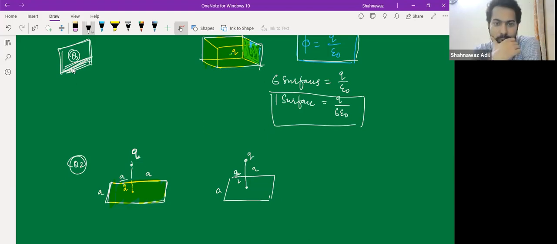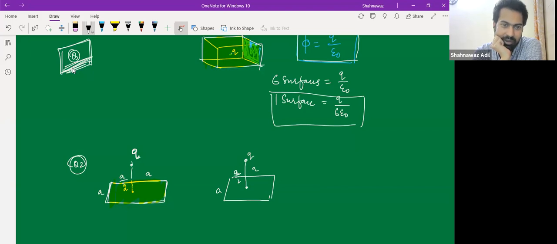Who's got the answer? Let me give you a hint. We know that flux through a closed surface is always Q by epsilon naught. Right.